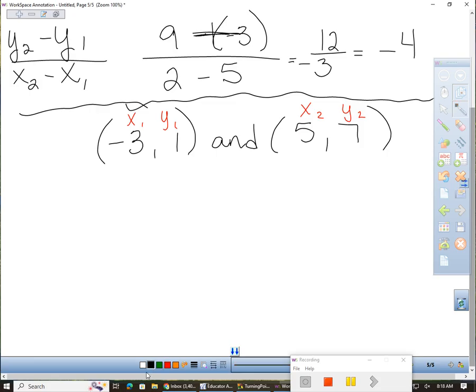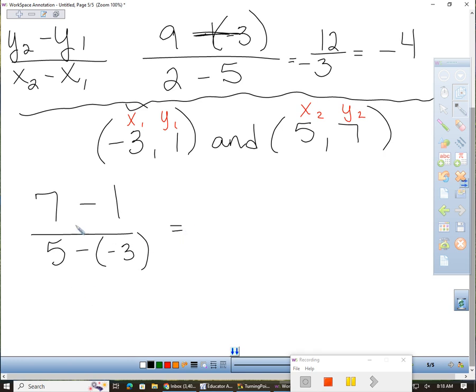All right, we're going to put it into the formula we have here. So y2 is 7 minus y1, which is 1, over x2, which is 5, minus x1, which is negative 3.